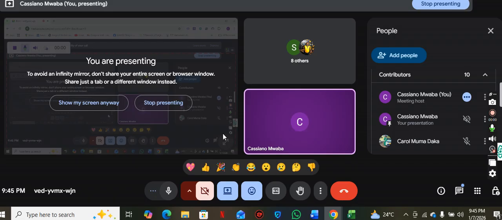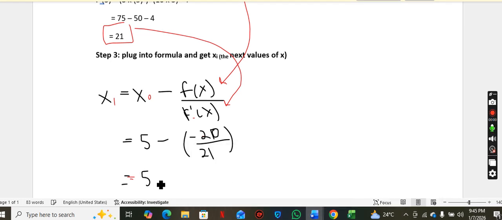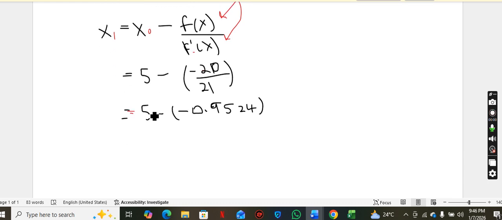So 5 minus negative 20 divided by 21. That's negative 0.9524, to 4 decimal places.